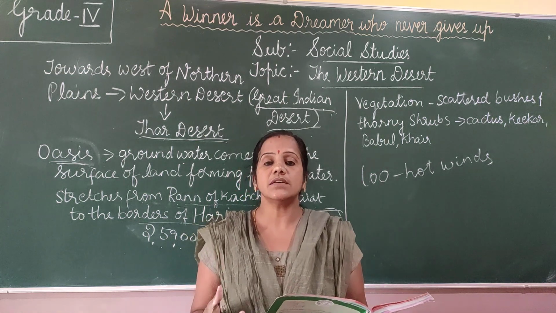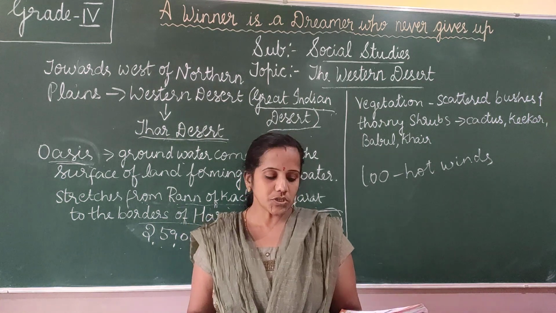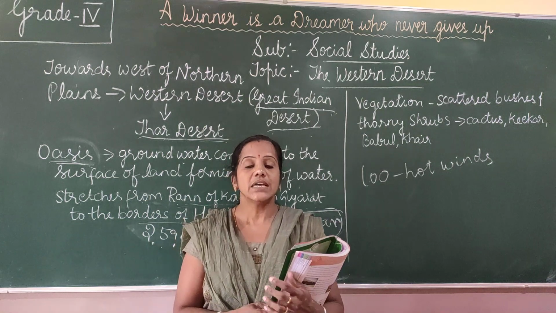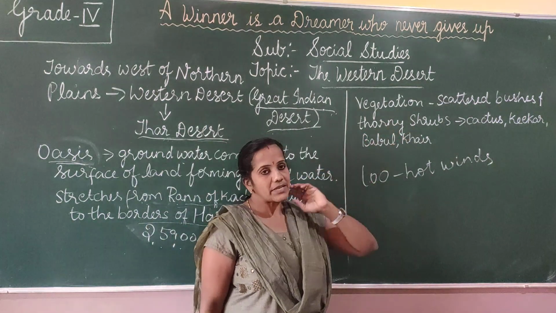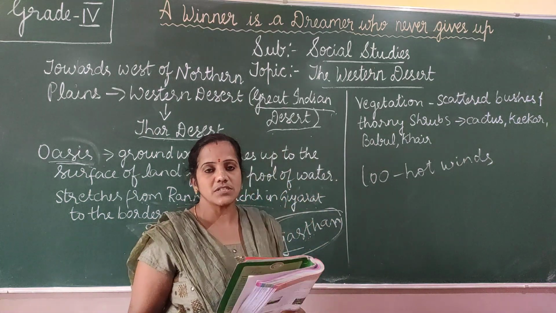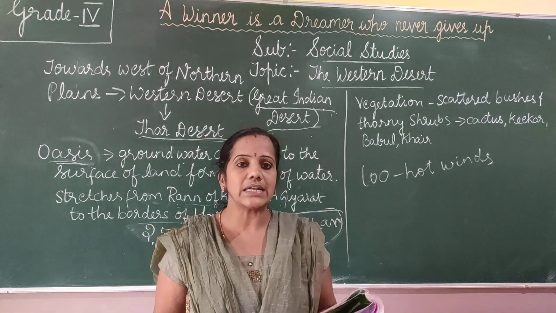To prevent the loss of moisture, the trees have thick bark, and also small and waxy leaves. As I told you, this cactus plant, you all have seen the cactus plant, right, my children? It has thorns in it, not leaves.